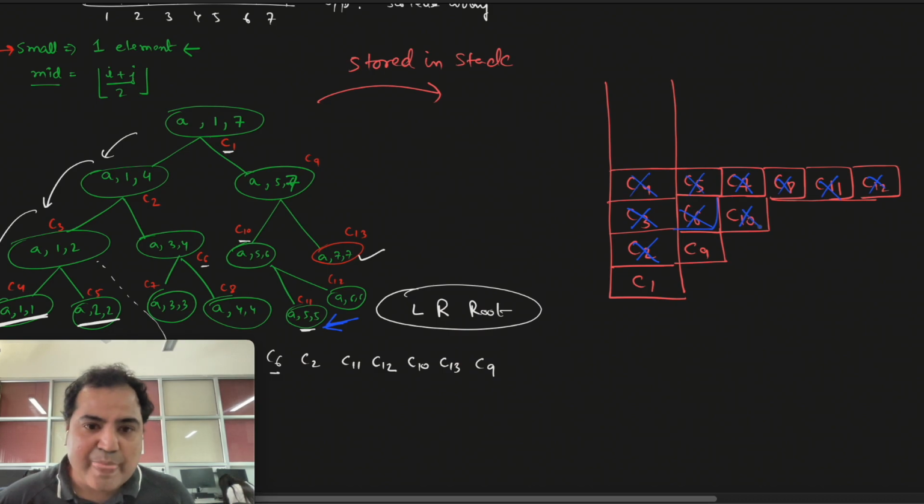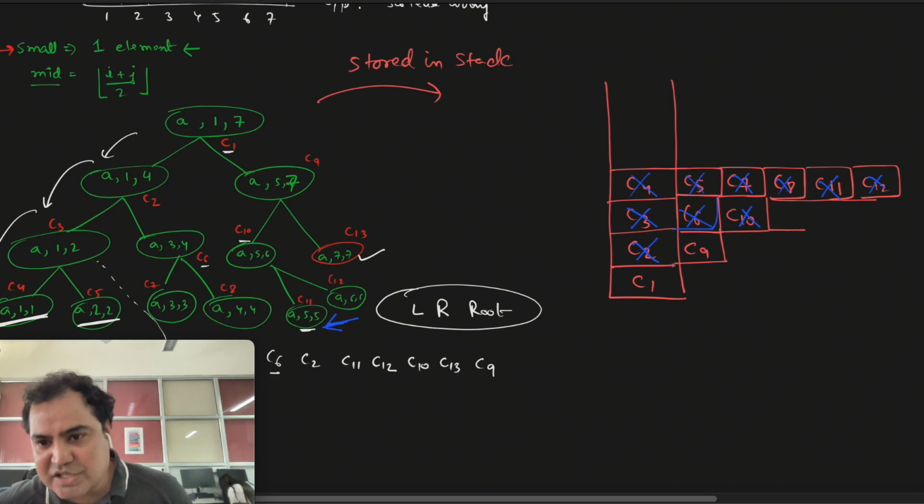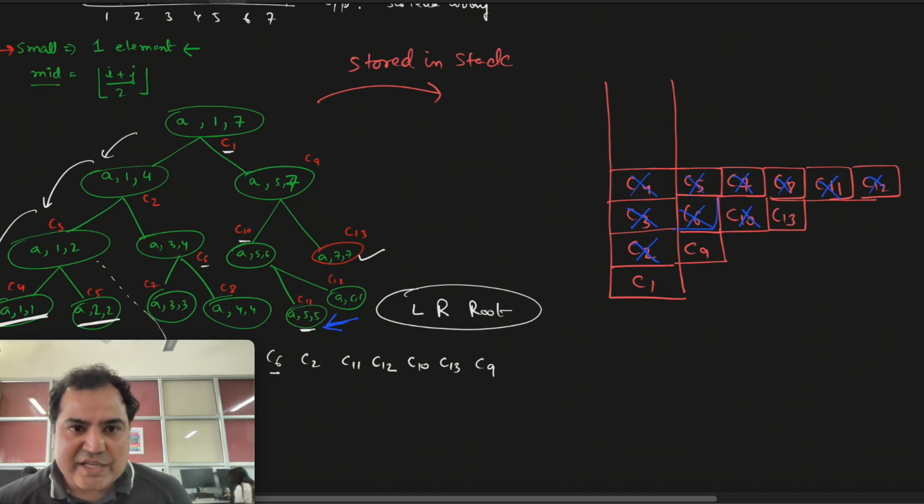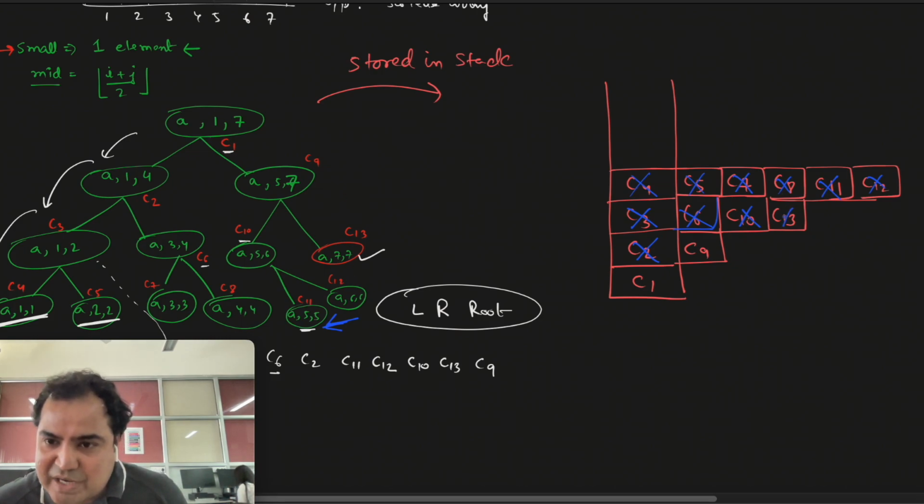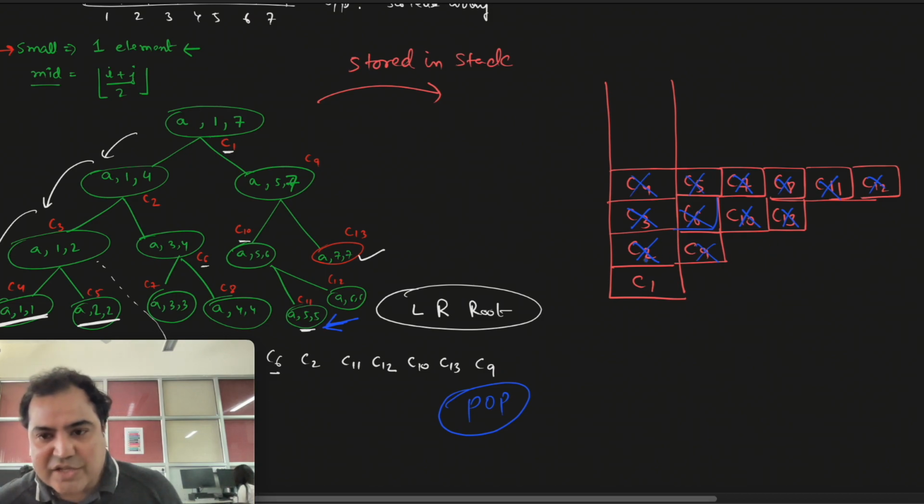Then for C9 to get processed, it requires C13 also. So C13 will go into the stack; since this part is empty, C13 goes inside the stack here. As soon as C13 comes, it is one element only, so it gets evaluated. Now C13 and C10 are both evaluated, so C9 will get evaluated. When I cross something, that means it is popping out of the stack. So C2 and C9 are done, then C1 will get evaluated.